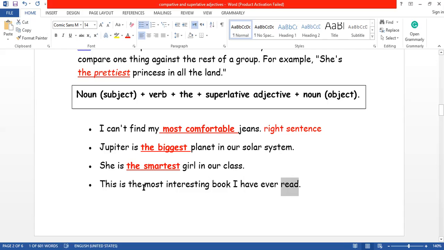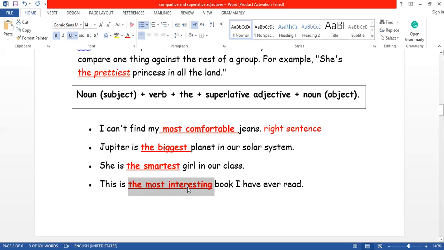Here, this is the most interesting book. Interesting, it's what? A three syllable word or adjective.